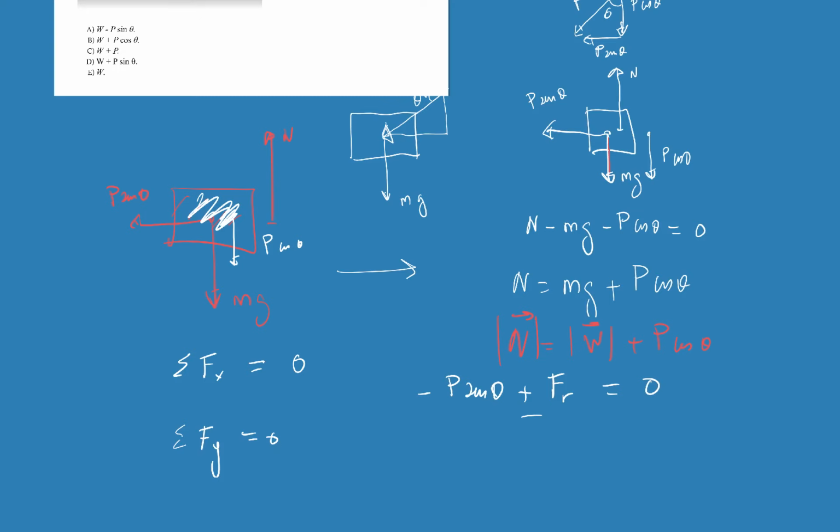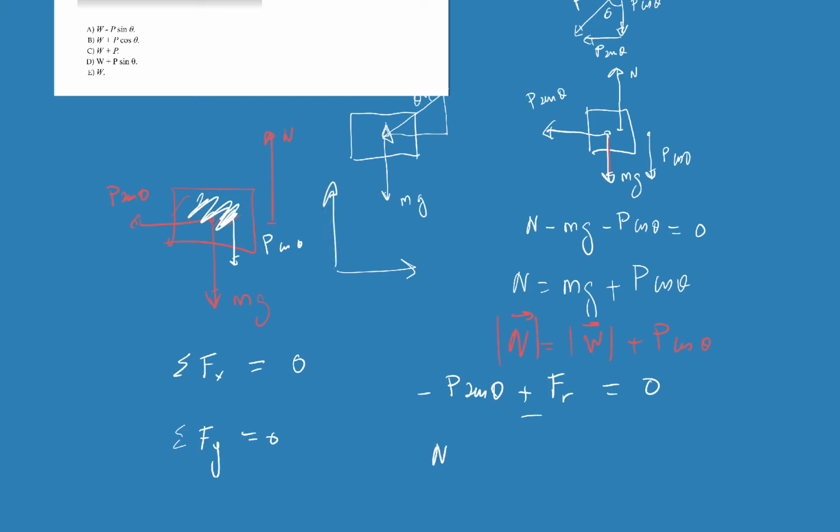What are the forces in the y direction? It's mg going downwards. This force P cosine of theta is going downwards also, and the normal force is going up. With this, I will create one equation. Let's say that I choose the positive direction going up.